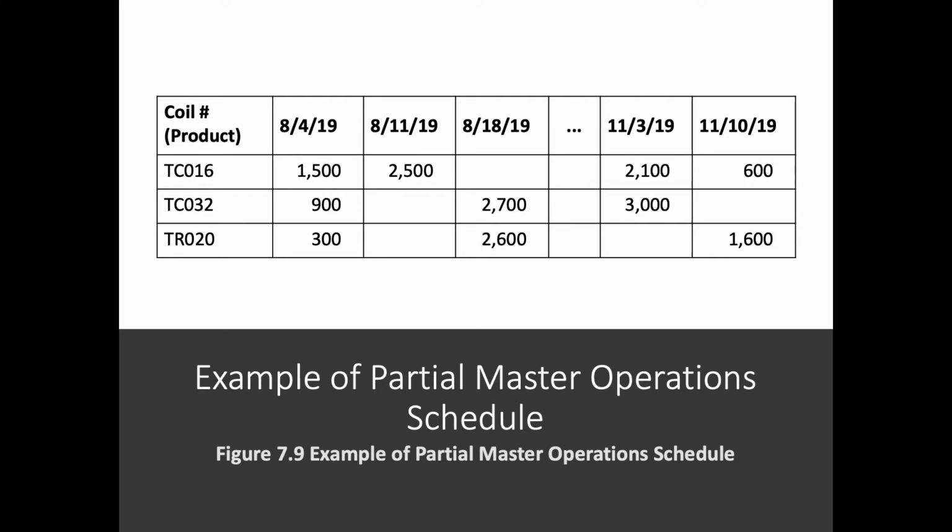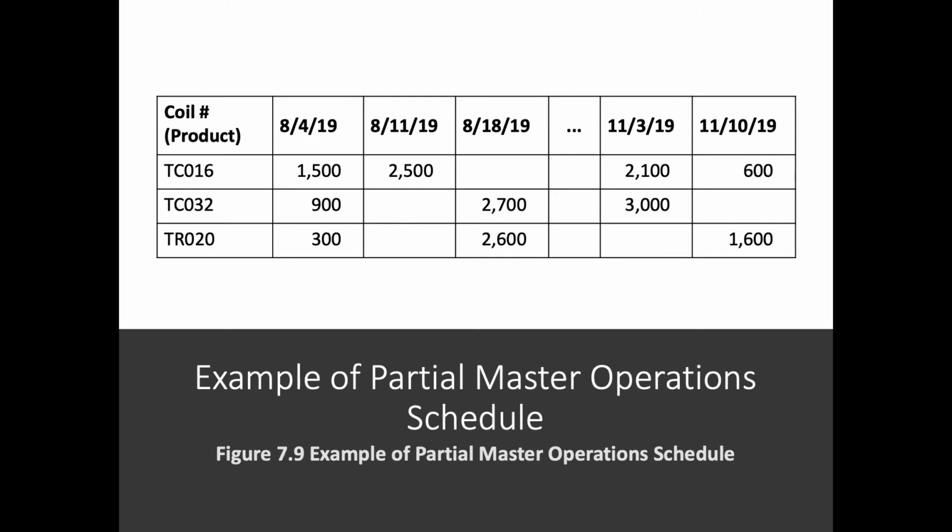You can see there in August they'll be planning to produce 1,500 units of TC 016, while only 300 units of TR 020, which will then change significantly by the time you get to August 18th, where you can see no production of TC 016 and significantly increased production on the other 2 products.